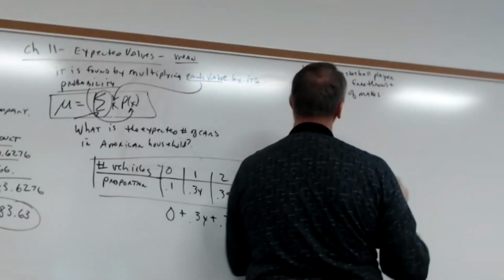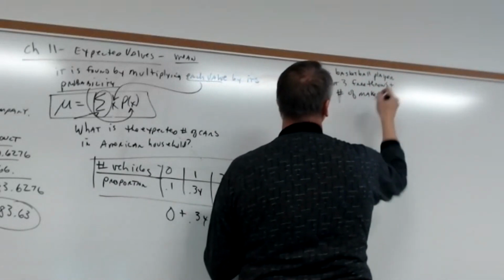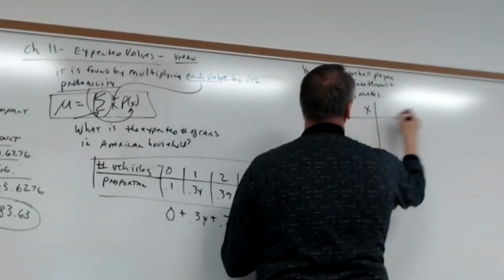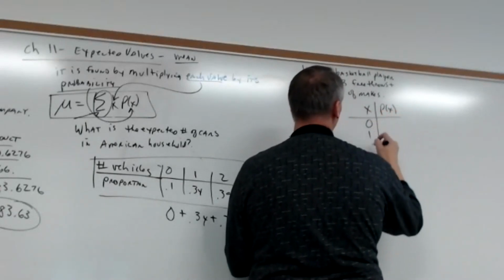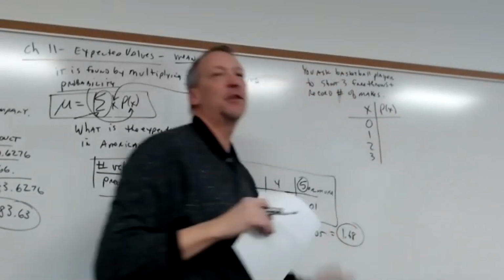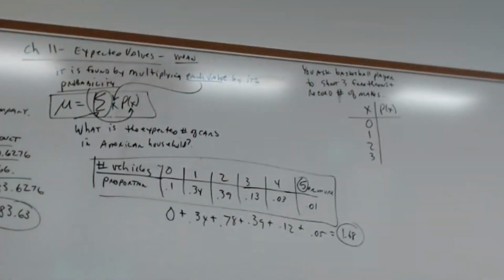So you get the following table. I've got X and I've got probability of X. I've got 0, 1, 2, or 3. If you shoot 3 free throws, how many can you make? 3 or 2 or 1 or 0. You can miss all 3 of them, right?